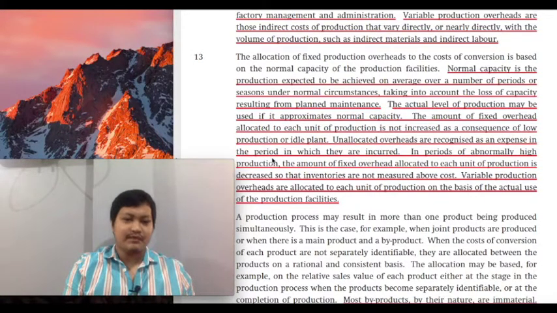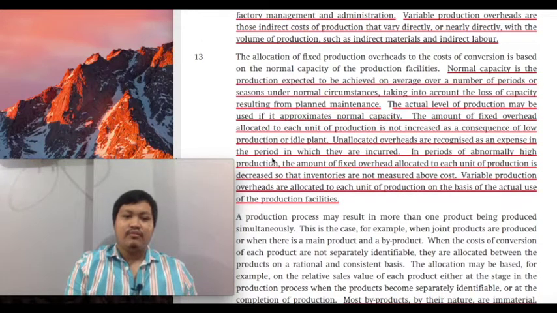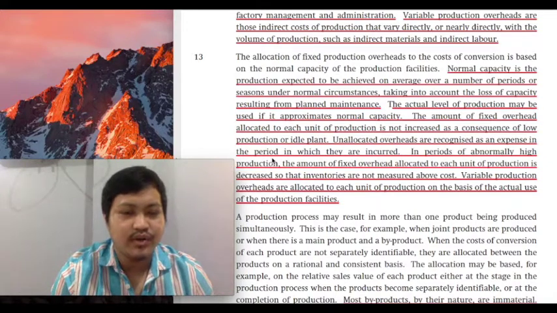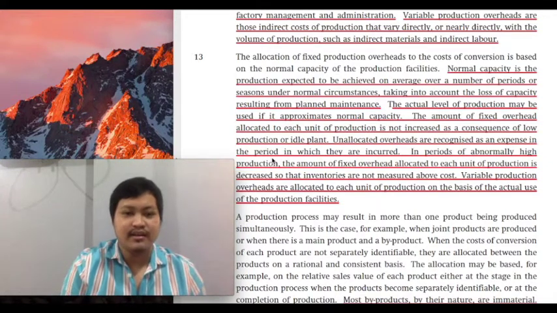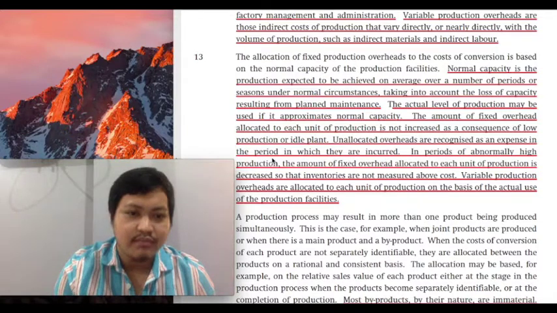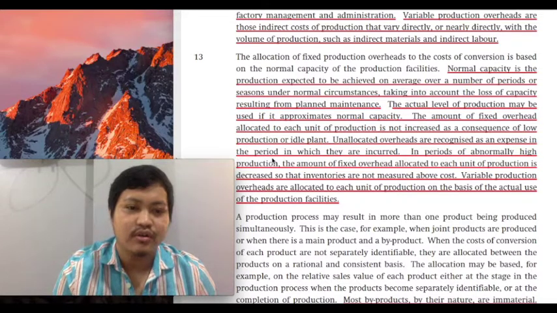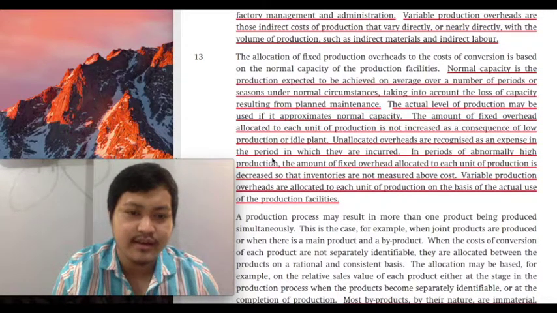It's not the same as full capacity because in normal capacity, you take into account the loss of capacity due to planned maintenance. It will also not be exactly the same as your actual capacity because your normal capacity is only an estimate, and it's possible that there will be unplanned or unexpected interruptions or deviations from your expected capacity.